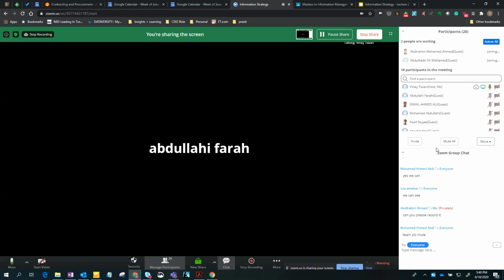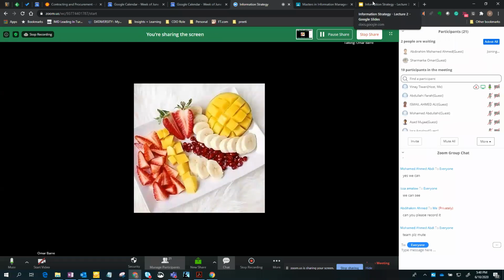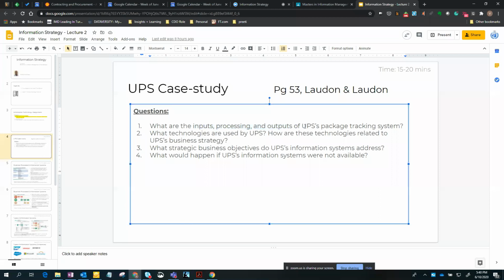Yep, that's the process. And the output will include pickup and delivery time, location while on route, or package receipt, as well as the summary report for management.